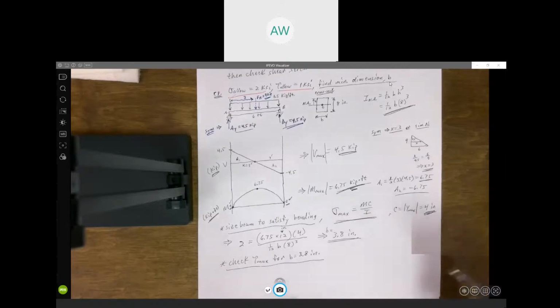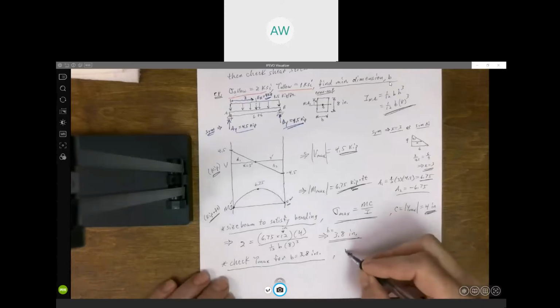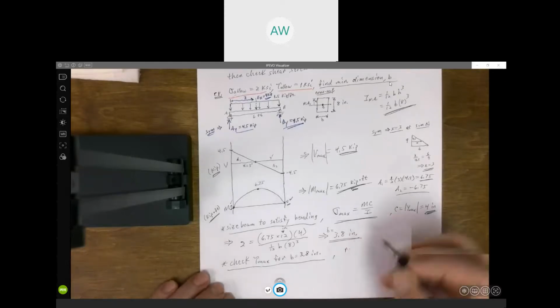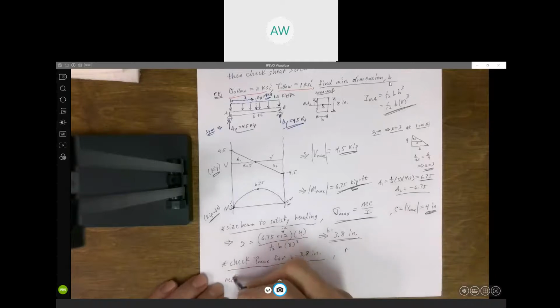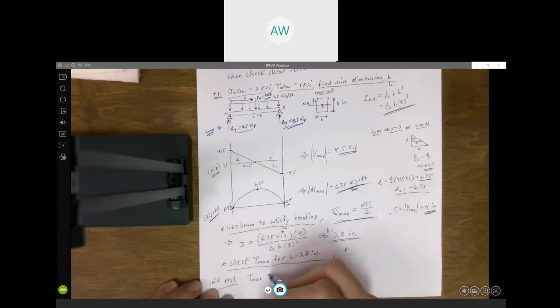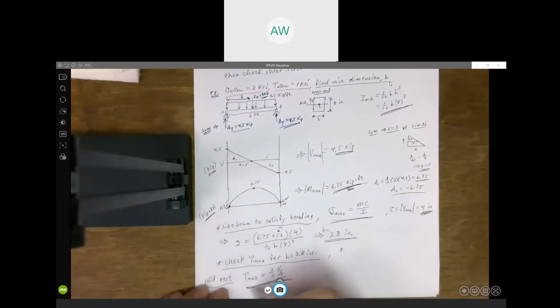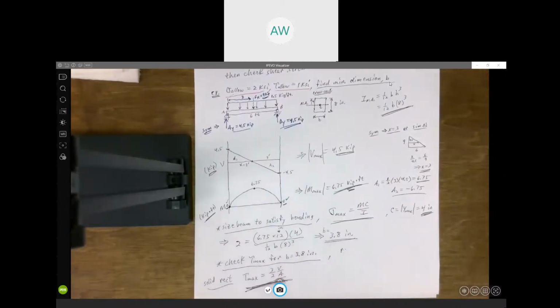So remember, for a rectangle, this was also another thing that we went over in chapter 7. If we had a solid rectangle, I'll put it down here. We found tau max was 3/2 V over A. Now again, I mentioned when we did this, it's up to you whether or not you remember that formula.